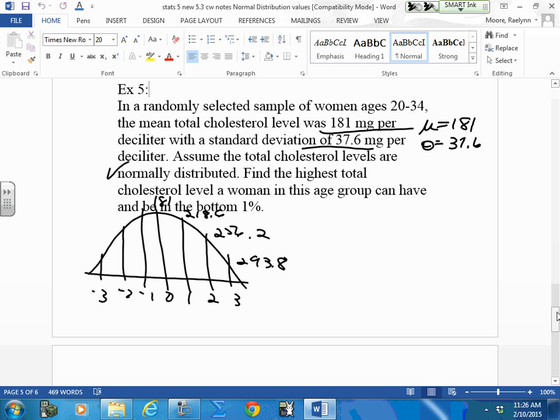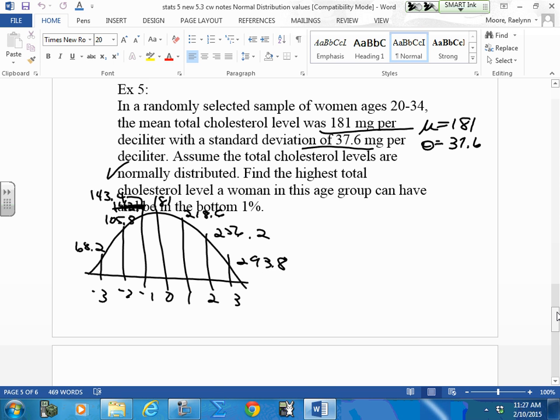Remember, this has to be in order. This is 143. I don't think you can read this. God bless you. That's this guy right here. And I think the opposite side has too low a cholesterol level. Okay, so our cholesterol levels are standing from 68.2 to 293.8.